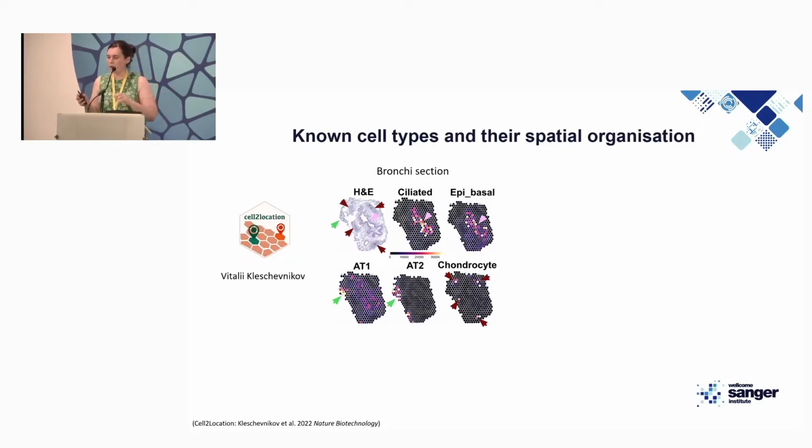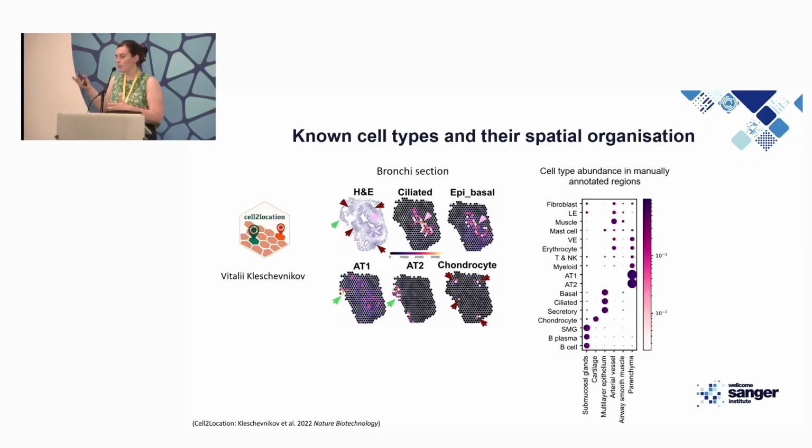On the left-hand side with the green arrow, we have the parenchyma, and then these brown arrows are pointing to the cartilage. And so then with the cell2location analysis, you can see that ciliated and basal cells are mapping to the epithelium, AT1 and AT2 cells to the parenchyma, and then chondrocytes, which were a novel cell type in our data, these are the cartilage-producing cells, and they're present within the cartilage in the airways.